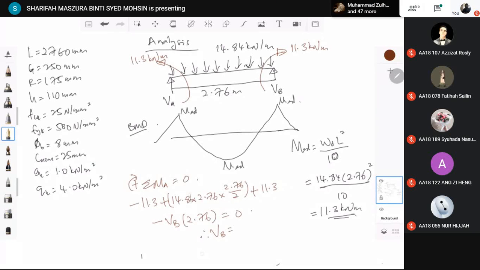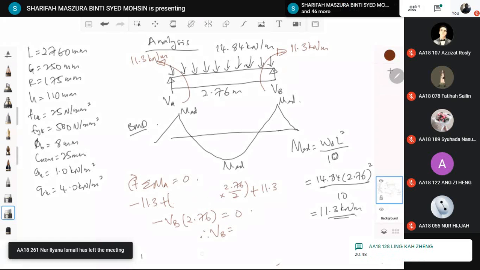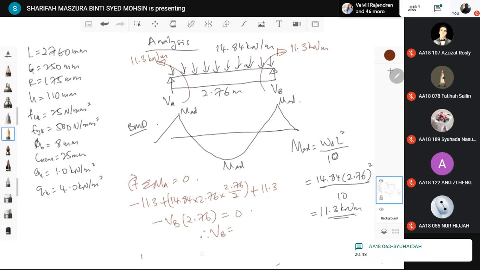It is 14.84 times 2.76 times 2.76 divided by 2, or 14.84 times 2.76.